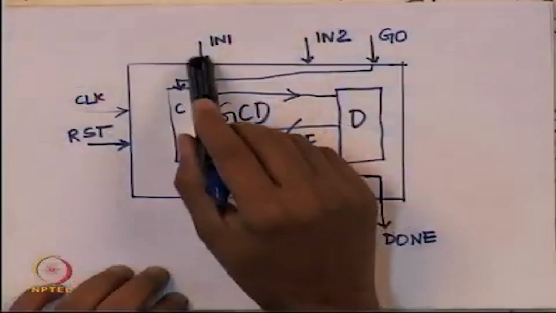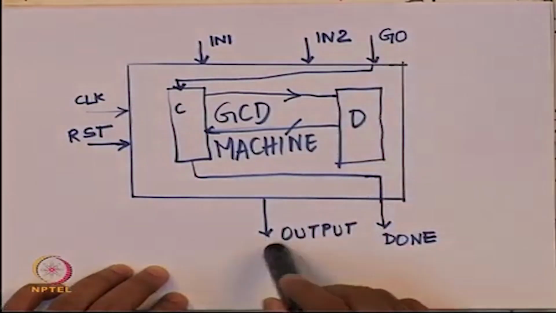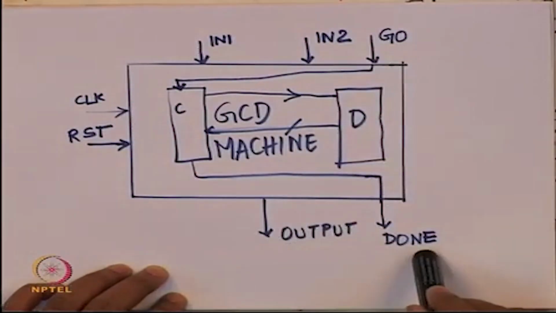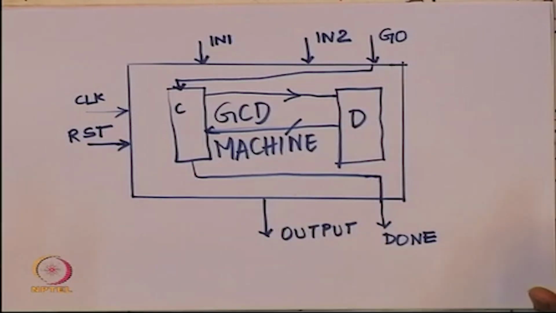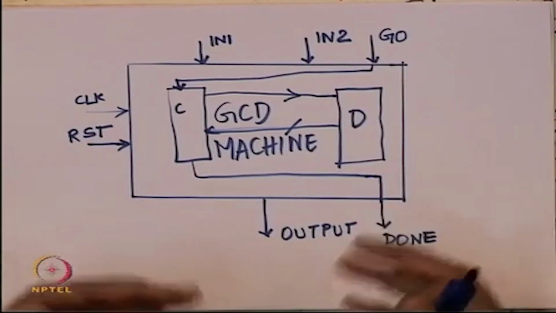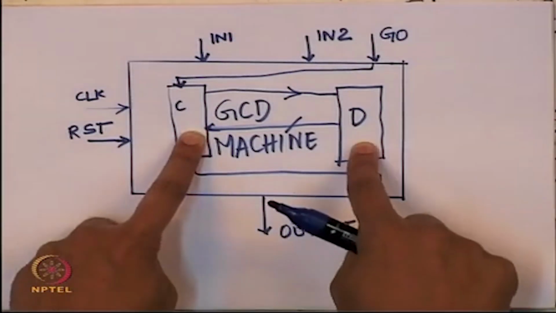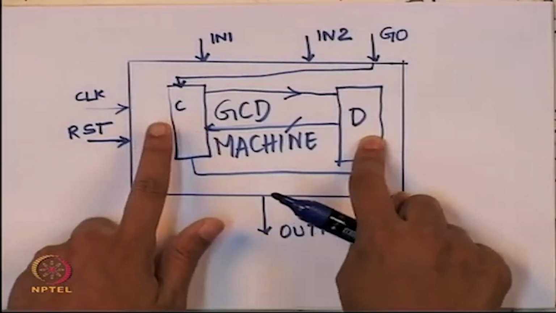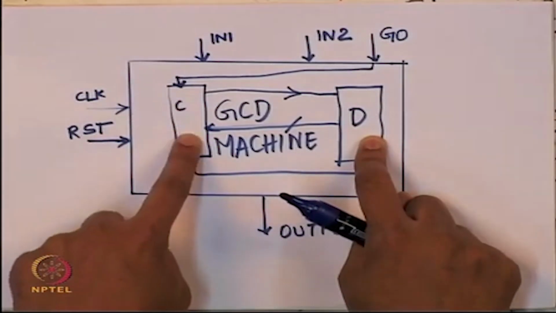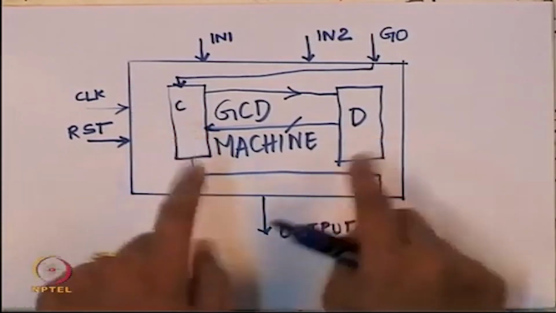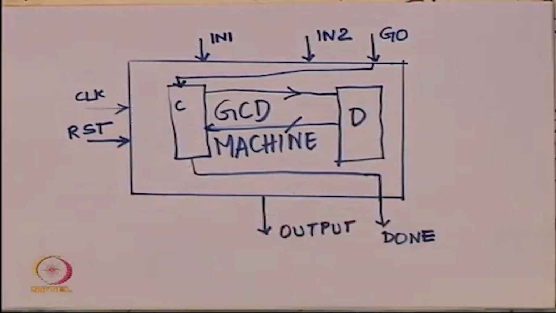It is supposed to take only these inputs, clock, reset, input 1, input 2 and go, and it is supposed to produce two outputs, output and done. That is all we need from the system. As and when we dig deeper, we will see how to design the controller, how to design the data path, how to design different elements inside the data path, whether the controller has different elements inside, and so on. We will decide all of that as we proceed.